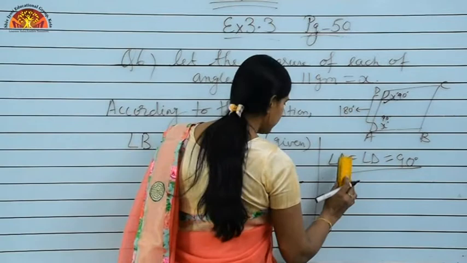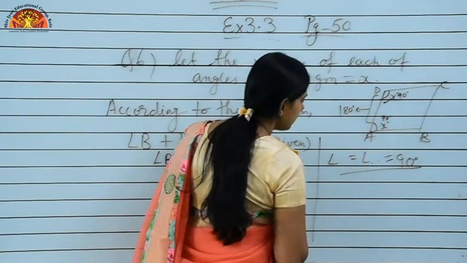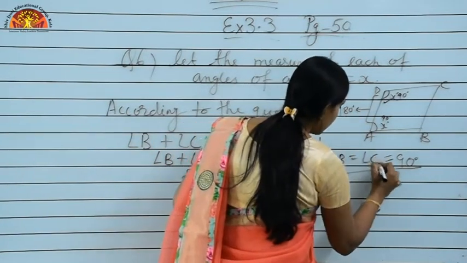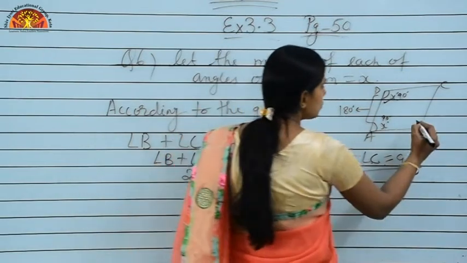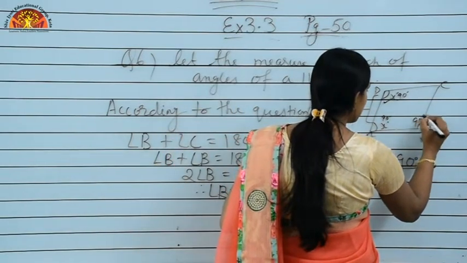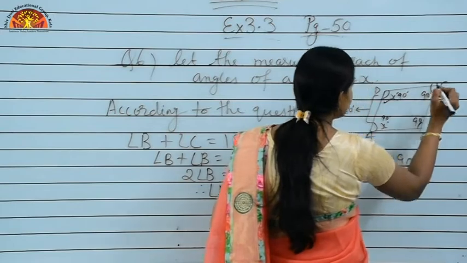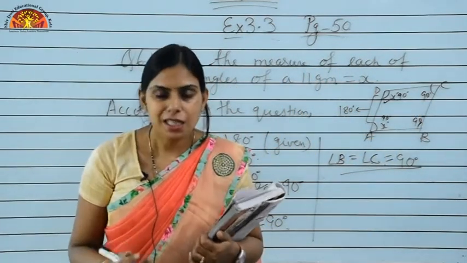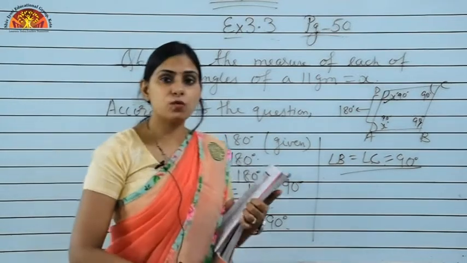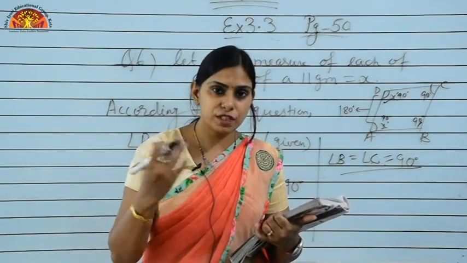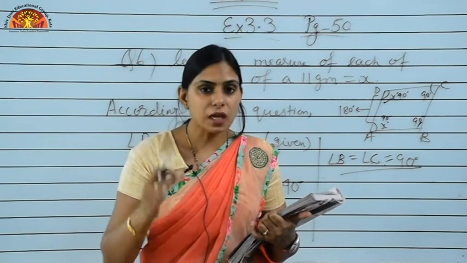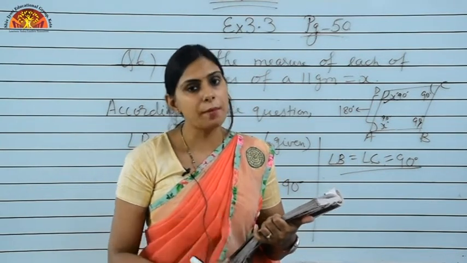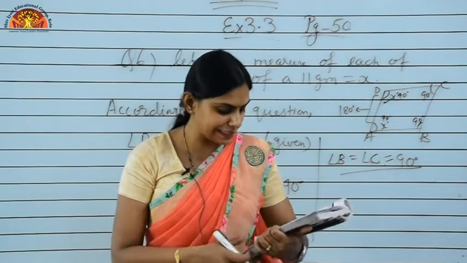Here angle B is equal to angle C is equal to 90 degrees. So angle A is equal to angle B is equal to angle C is equal to angle D, which is 90 degrees. So all the angles of this parallelogram are of the same measure, that is 90 degrees.